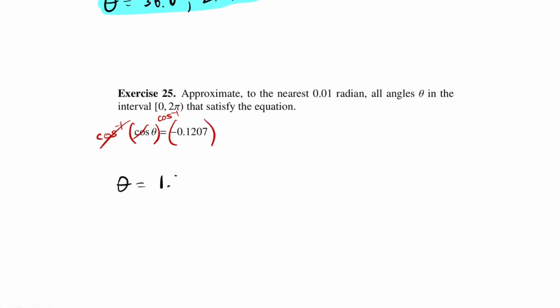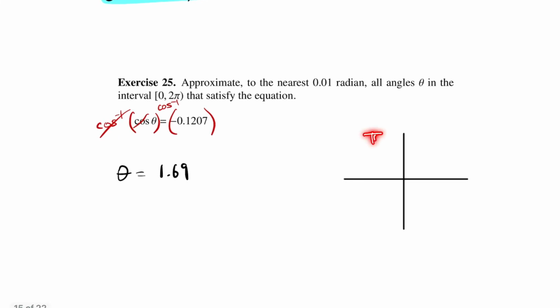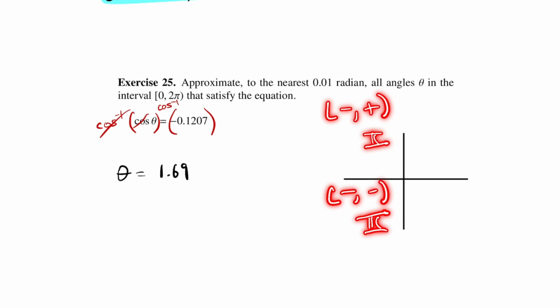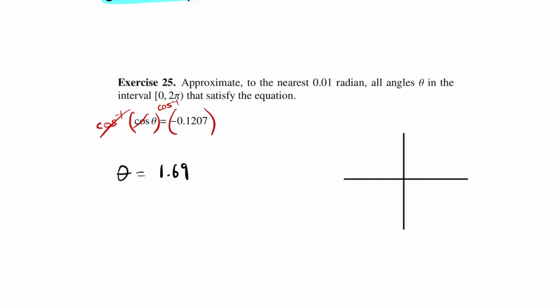But similarly to the problem above, we know that cosine is negative in 2 quadrants. Cosine is negative in quadrant 2 and quadrant 3 because you got negative, positive, negative, negative. Cosine is the x-coordinate. So it's negative in these 2 quadrants. So our 2 solutions are going to be one over here and one over here. Well, this is 0 radians.